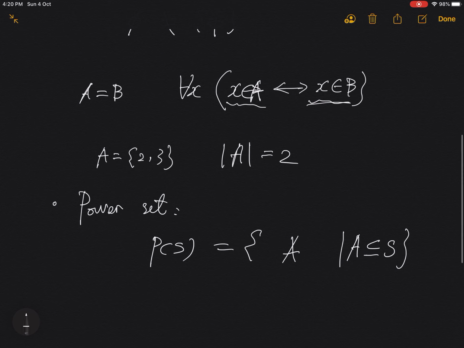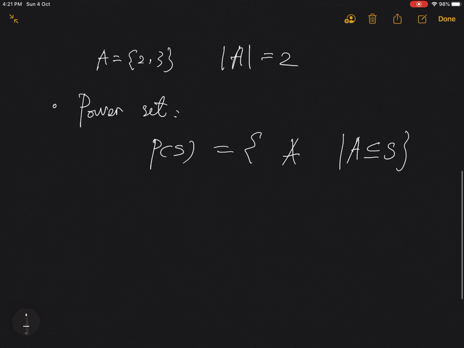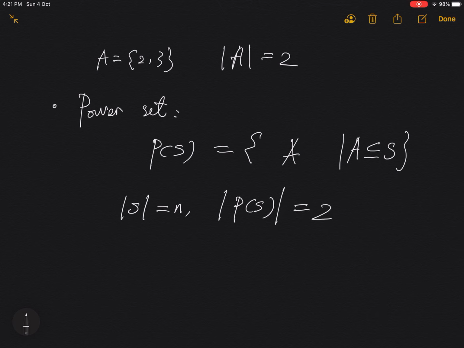So, do we have any information for the power set? Yes. If a set S has n elements, then the power set of S will have 2 to the power of n elements.